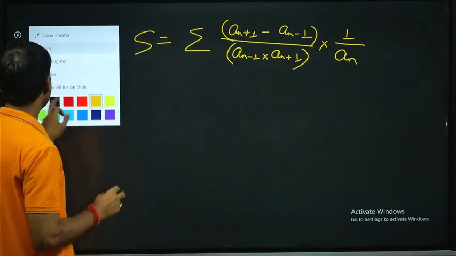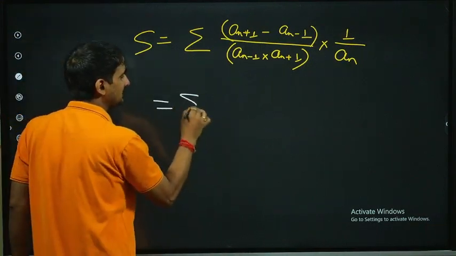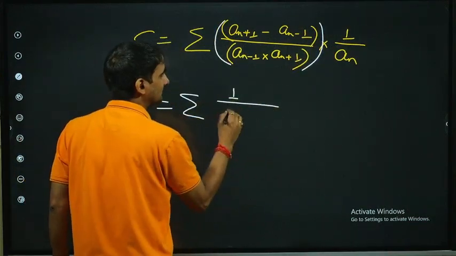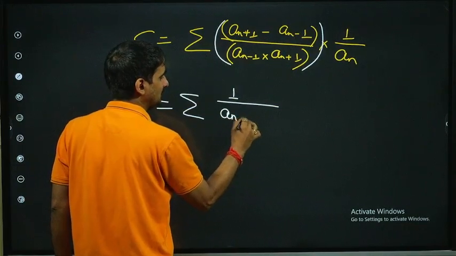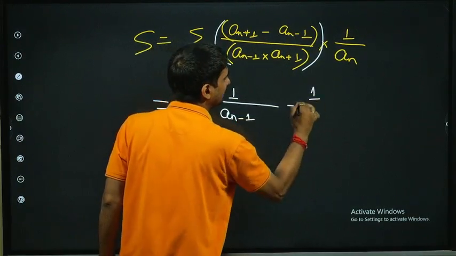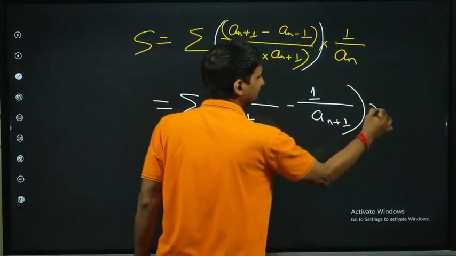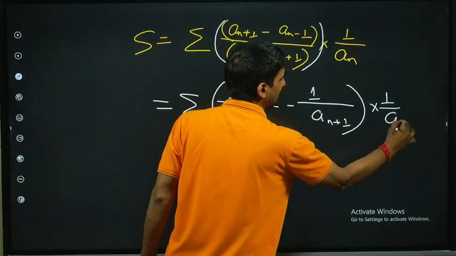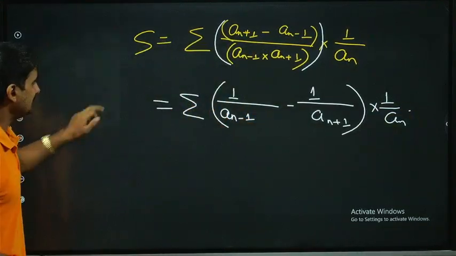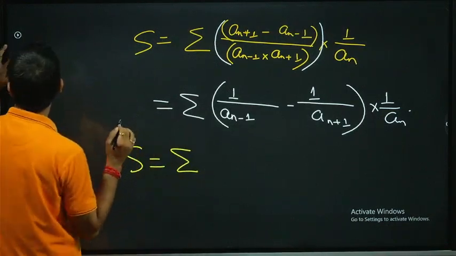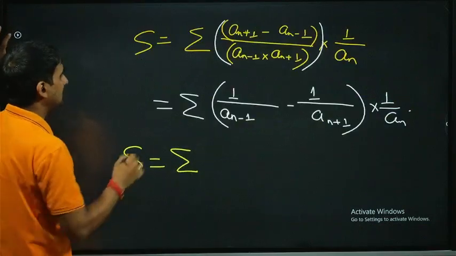Now see what happened. I can write this entire thing as the difference of two consecutive terms, which is 1 by a(n-1) a(n) minus 1 by a(n) a(n+1), and n goes from 2 to infinity. I was really lucky here that we got the answer.